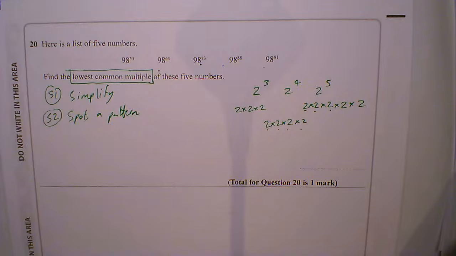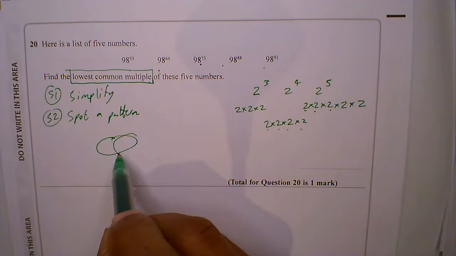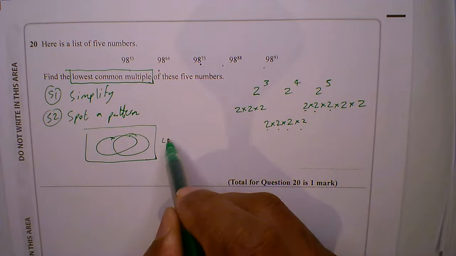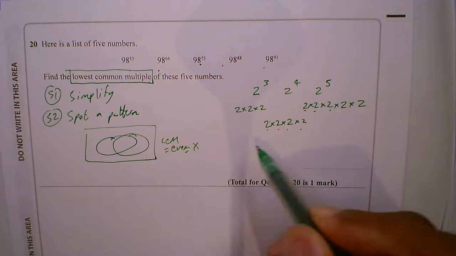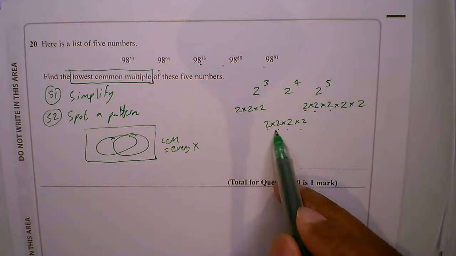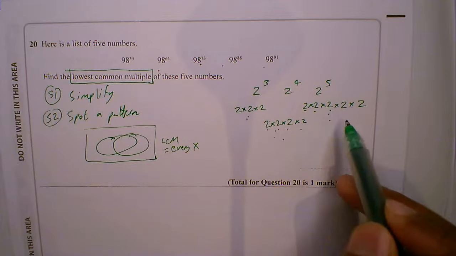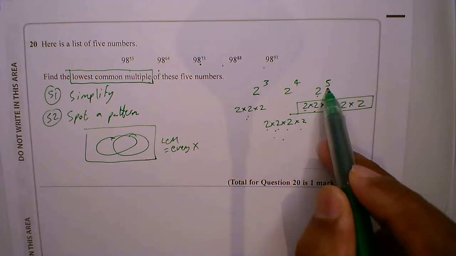All right, so we've got that. Now, when we do LCM, if you remember the Venn diagrams, what do we do? We multiply everything together. So LCM is everything multiplied. If I look at these numbers, which one is the LCM? In other words, it's this one here, which is 2 to the power 5.